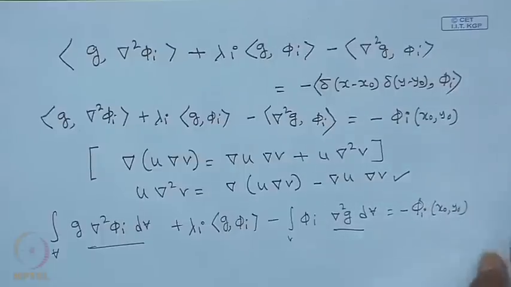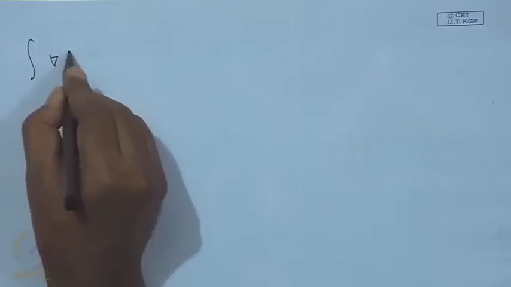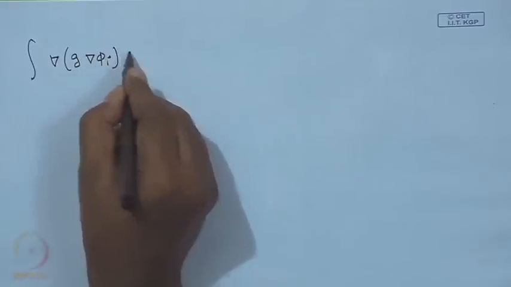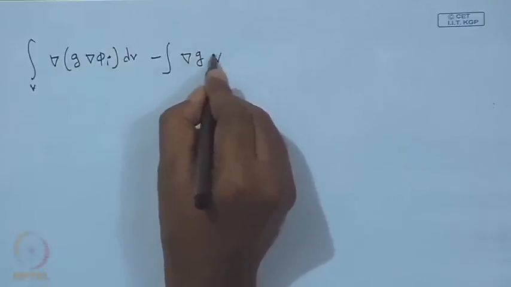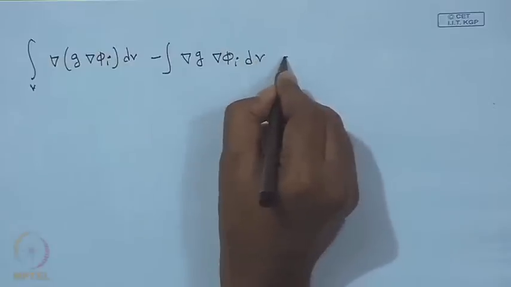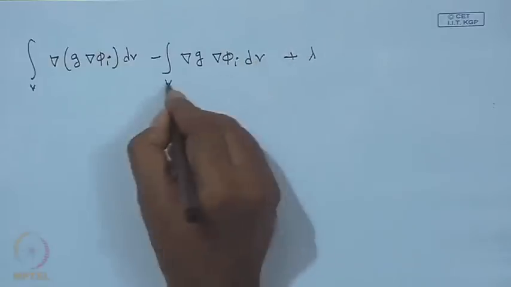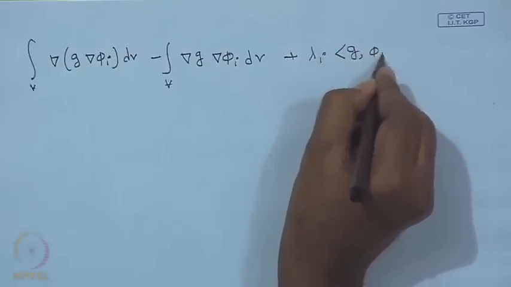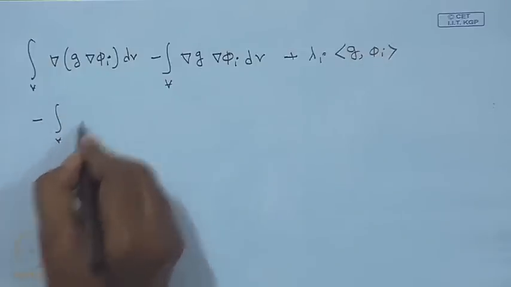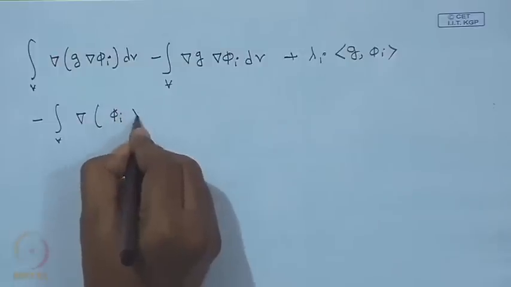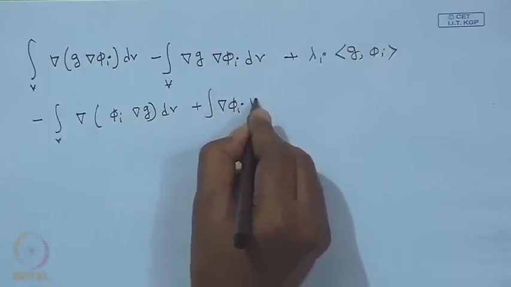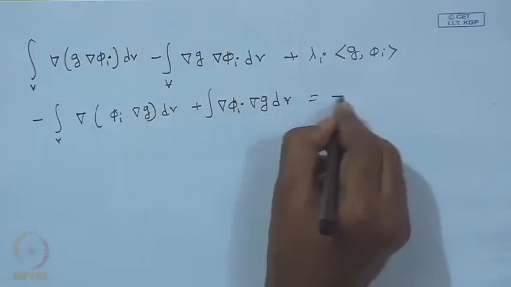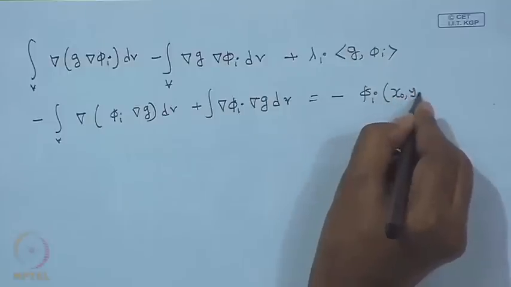If we expand those two integrals in terms of that identity, what we will be getting is the volume integral of the divergence of g grad phi I dv, minus the volume integral of grad of g dot grad of phi I dv, plus lambda I times the inner product of g and phi I, minus the volume integral of the divergence of phi I grad g dv, plus the volume integral of grad of phi I dot grad of g dv, is equal to minus phi I at x naught y naught.